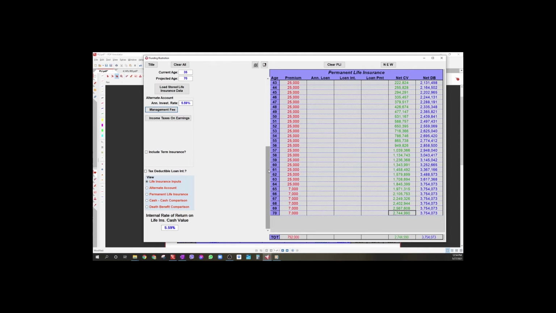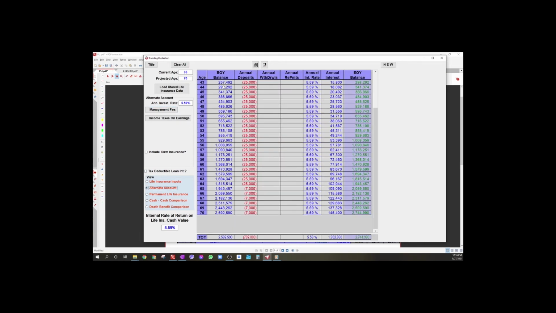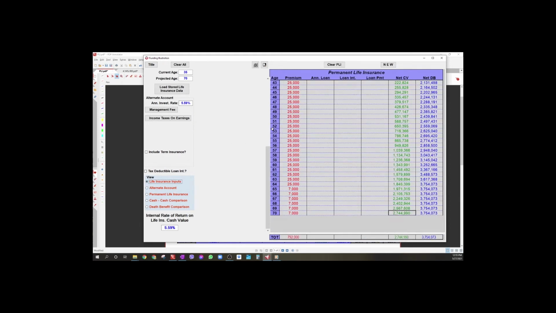Again, we're comparing side by side two investment vehicles here. On one side, we have our cash value insurance, and on the other, your standard investment like stocks or mutual funds. To make this comparison apples to apples as much as it can be, we're matching all the moving part inputs.